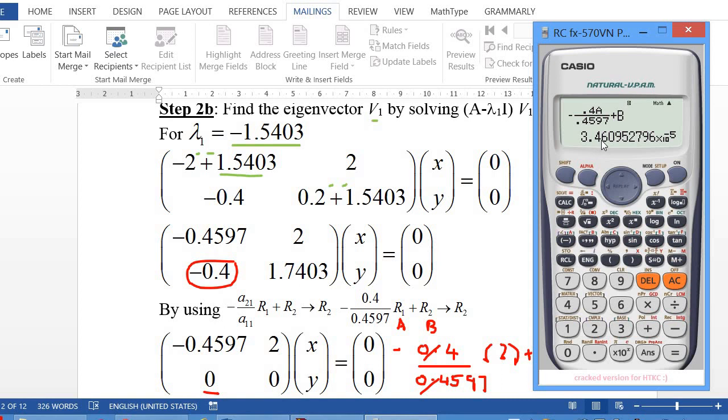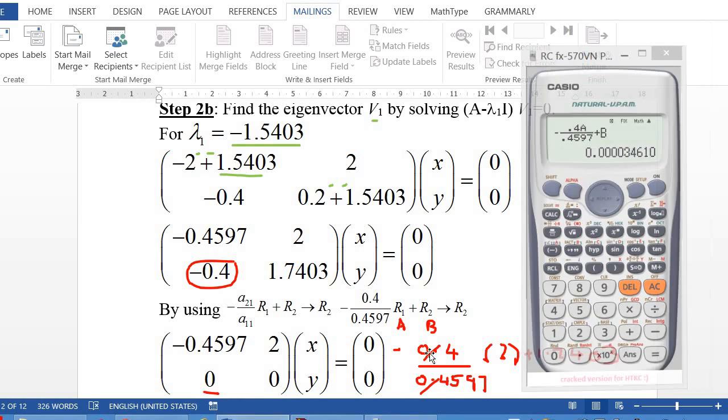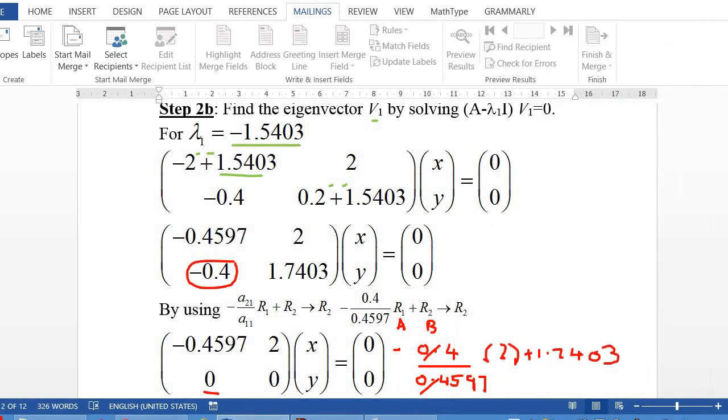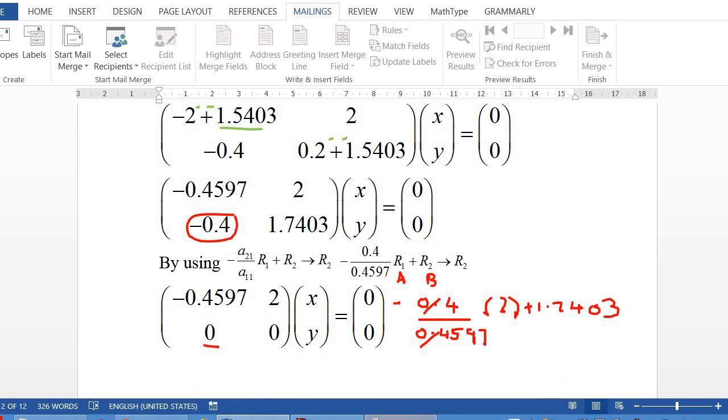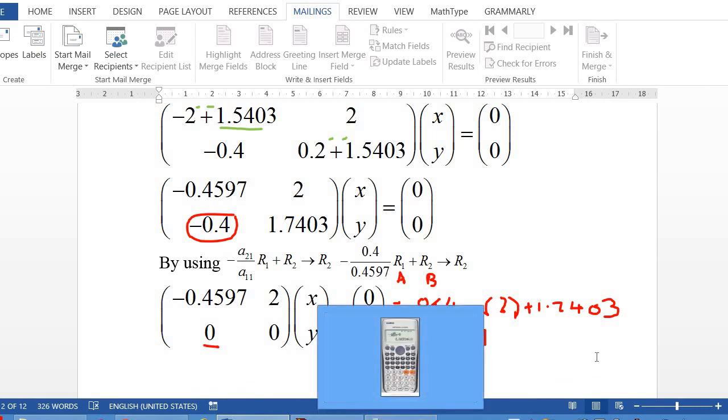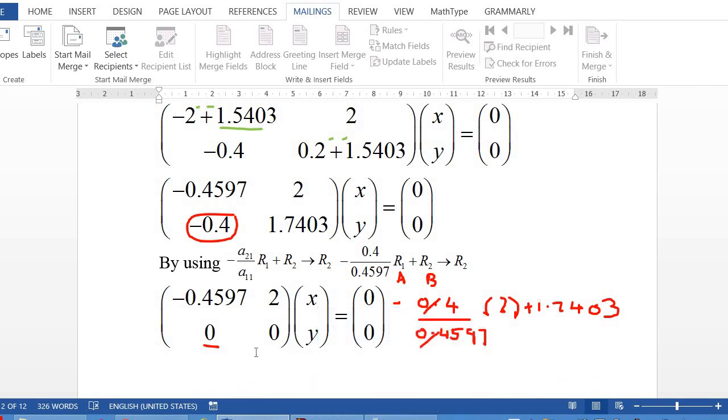Okay, this is 3.46 times 10 to the power of negative 5. And if I change, let's say to, which is approaching 0. Approaching 0. Or you can calculate manually using this way.